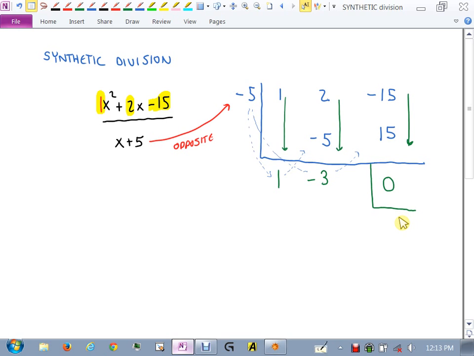So look back in your notes when we did this with the long division. What was our answer? It was just x minus 3, right? X minus 3 was our answer.